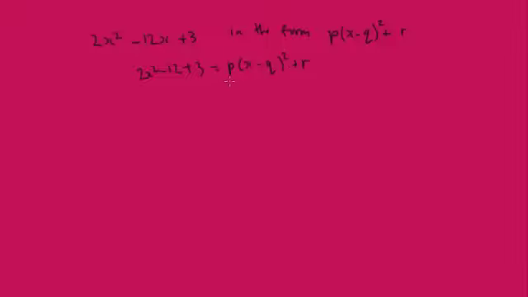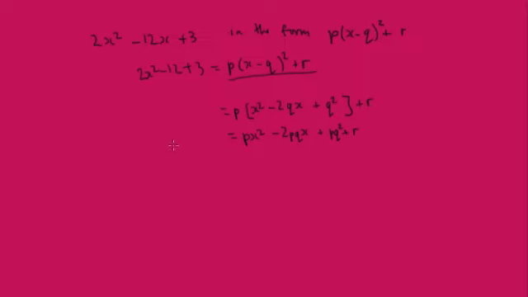Now the first thing is we're going to expand this expression out. So we're going to have p times x squared minus 2qx plus q squared, plus r, which is going to give us px squared minus 2pqx plus pq squared plus r.